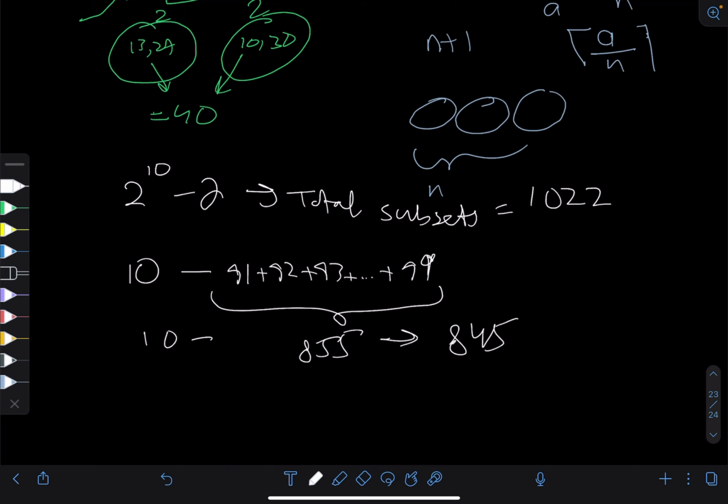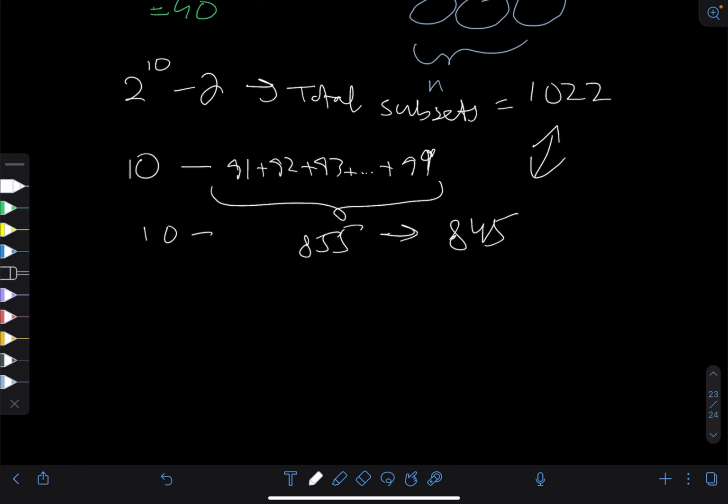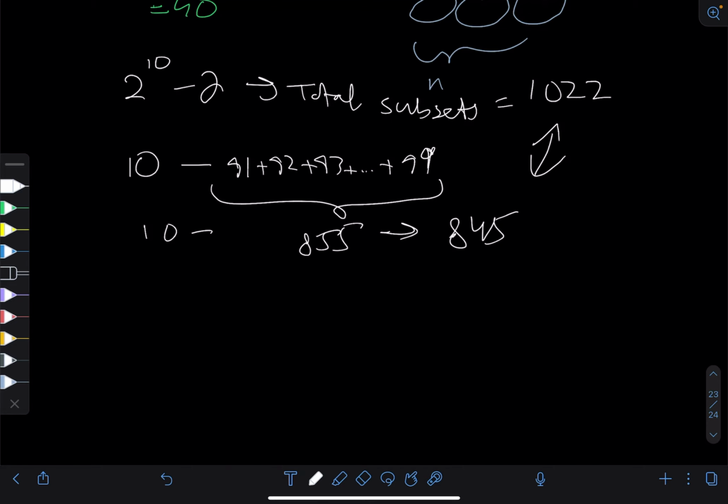But then we go back to the total number of subsets. We see that clearly there are more possible subsets than there are attainable sums. And so by the pigeonhole principle, there will be at least two subsets with the same sum.